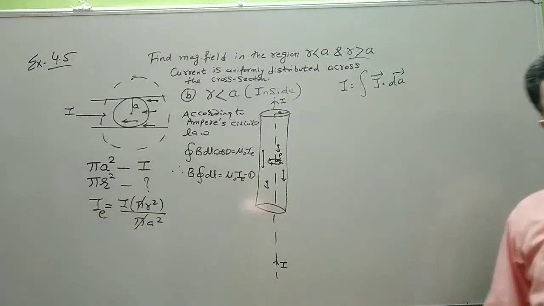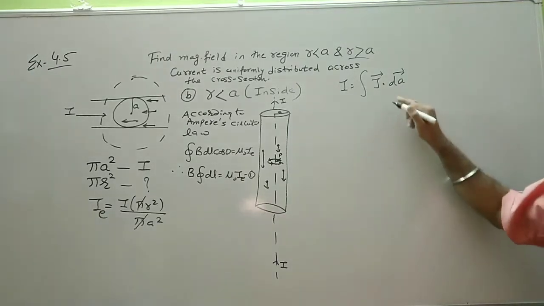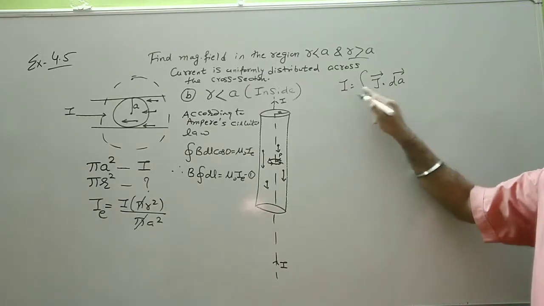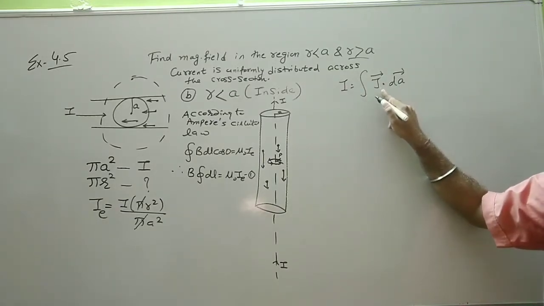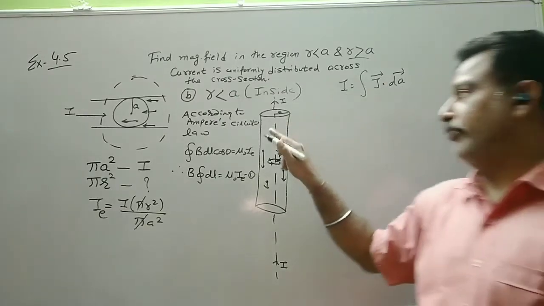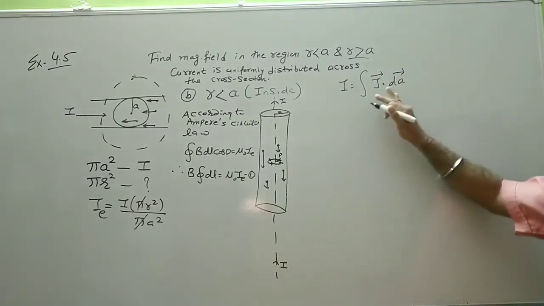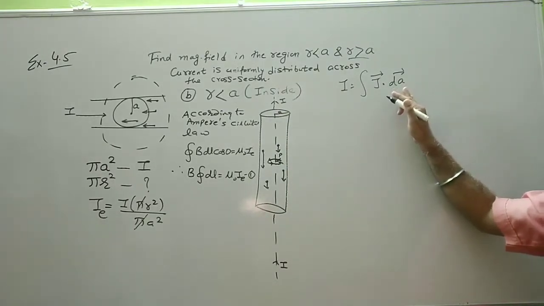Now this is another method to find out the current enclosed. The direction of current density is the same as that of current and area vector. So if I take an area vector and current, they are in the same direction, so this dot can be removed.